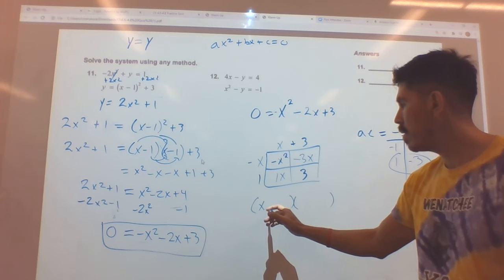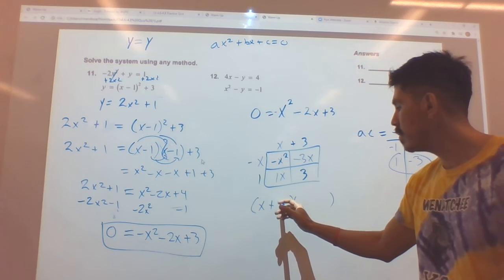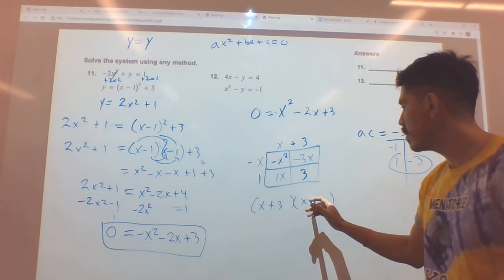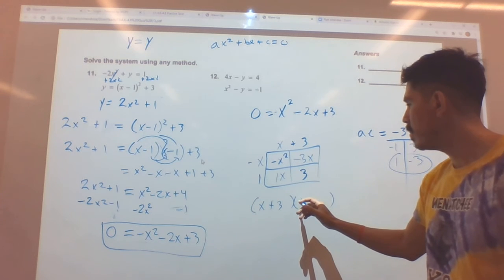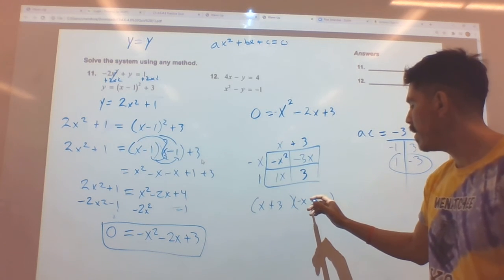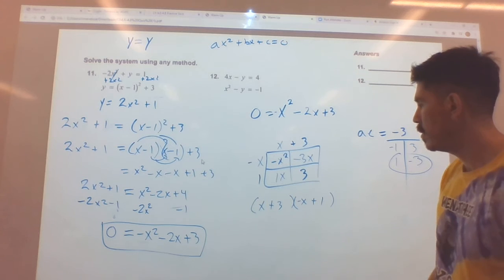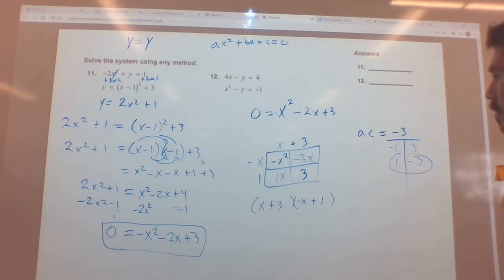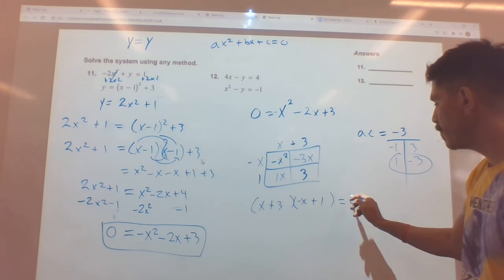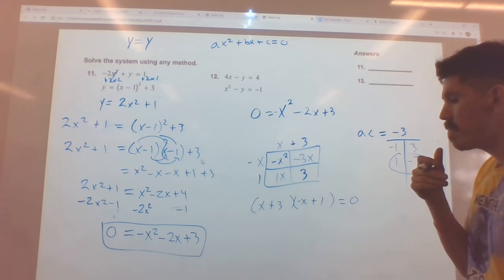x plus 3, negative x plus 1. So now this is set equal to 0. Okay?